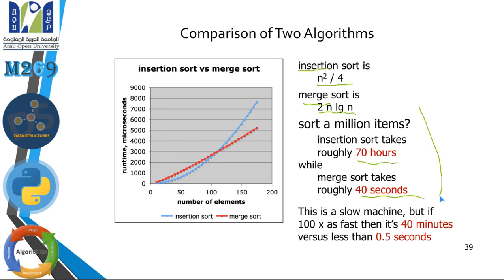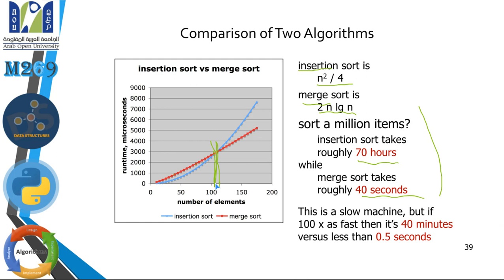If you look at the behavior of the two algorithms, the red one is the merge sort, and the blue one is the insertion sort. Until we reach this point, when the number of elements is around 100, the performance of the insertion sort is much better than the merge sort.